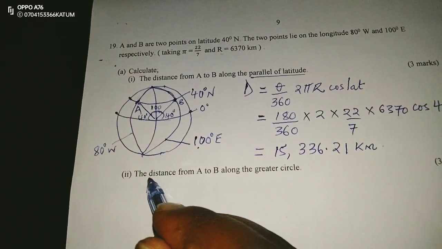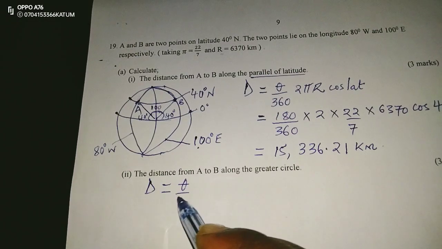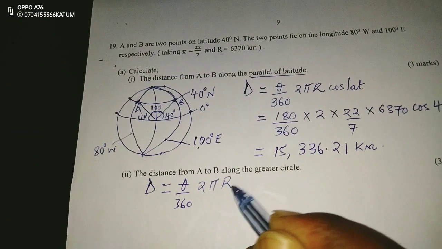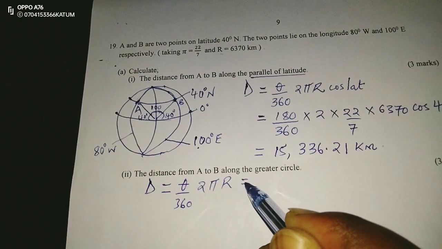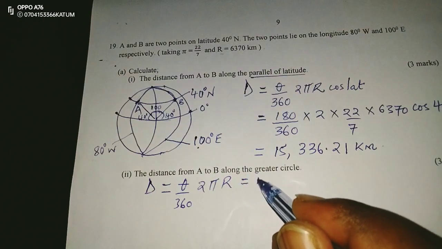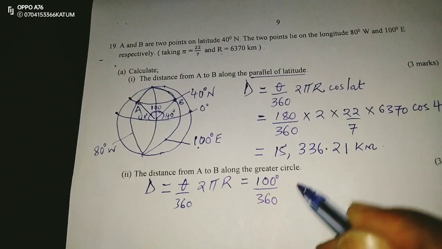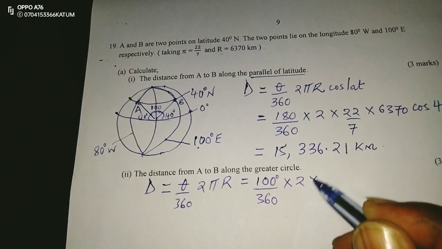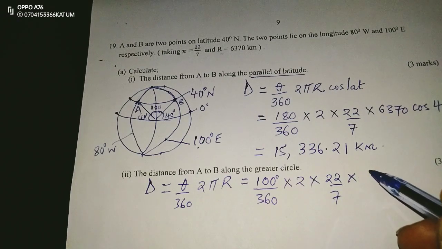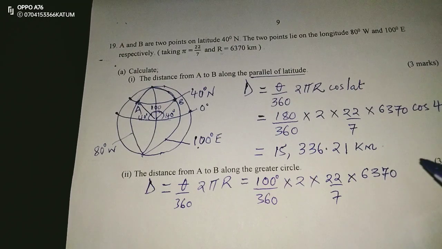Therefore, distance along a great circle is usually given by beta out of 360 times 2 pi r. So beta is going to be 100 degrees out of 360 multiplied by 2 multiplied by pi multiplied by the radius of the earth, 6370.